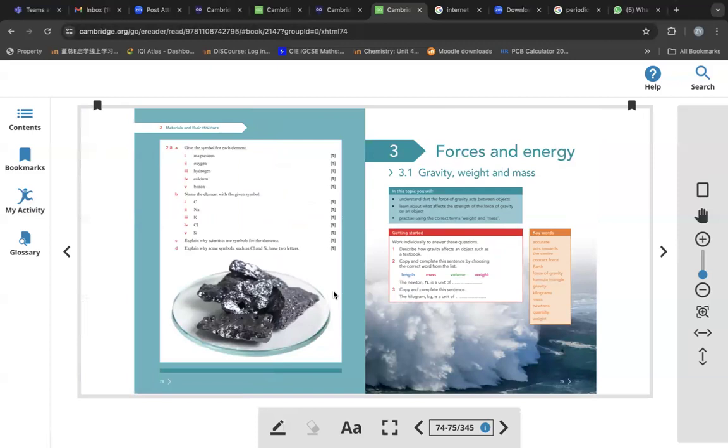Chapter 5, is it? Can you flip from your physical textbook and tell me which page it is, faster? 151. Okay, 151. So page 74 will be your homework, and then you do it, you post in the group, 74.